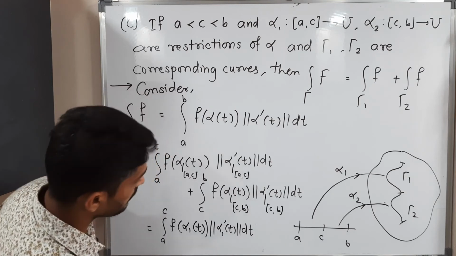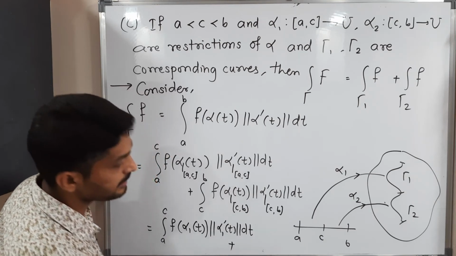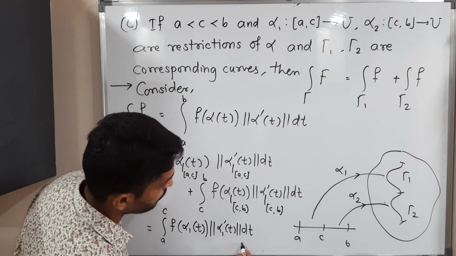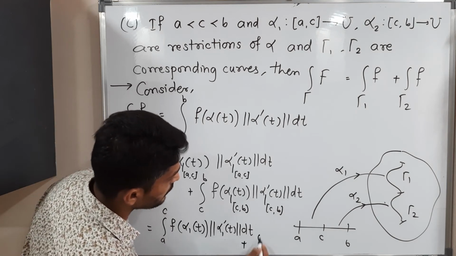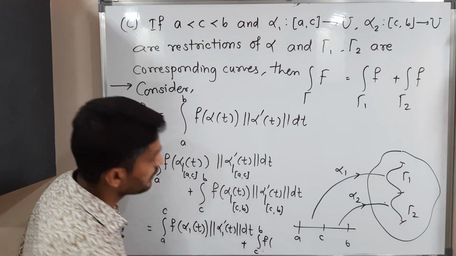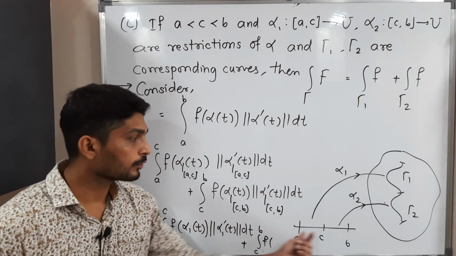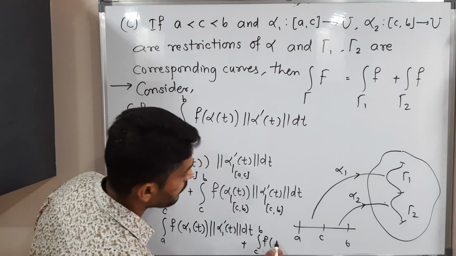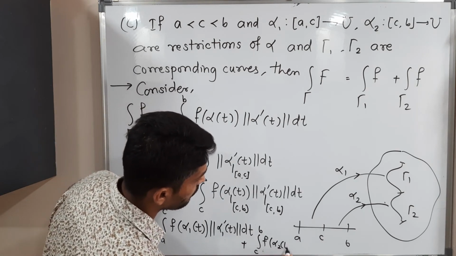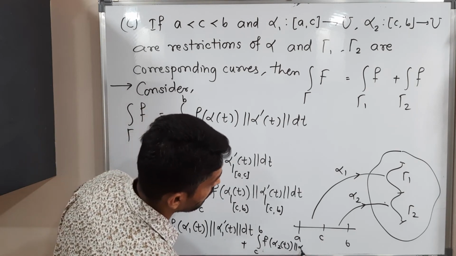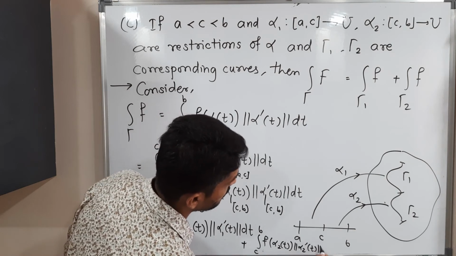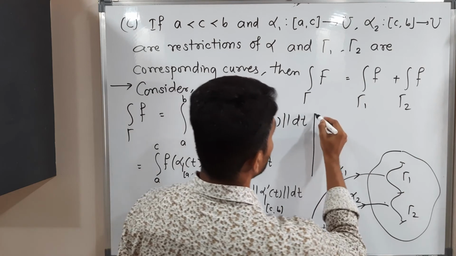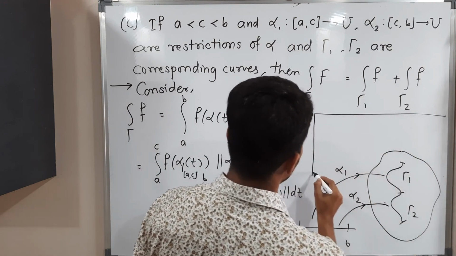I will use this space to write: the integration from c to b of f of alpha, which is now restricted on the closed interval [c, b]. This is nothing but alpha 2, so alpha 2 of t times the norm of alpha 2 dash of t dt.